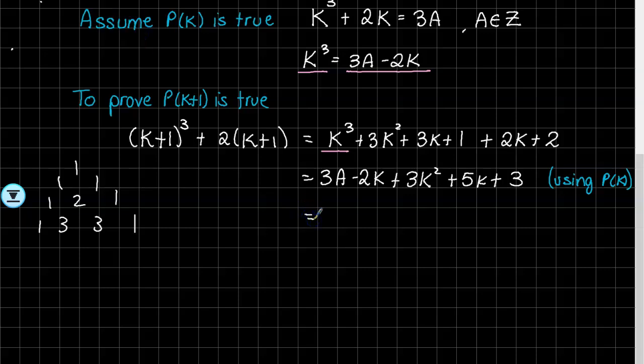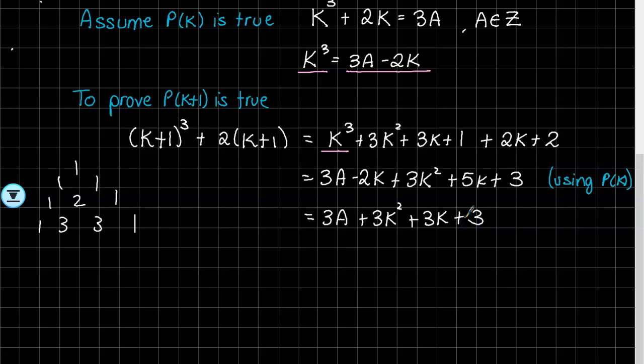All right, here we go. What are we hoping to find? Multiples of 3 when we simplify. We've already got the 3a. That's groovy. Oh, 3k squared. I'm happy there. What's minus 2k plus 5k plus 3? Isn't this a bit like first principles when you find that h's all cancel?